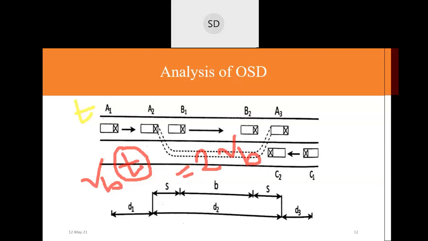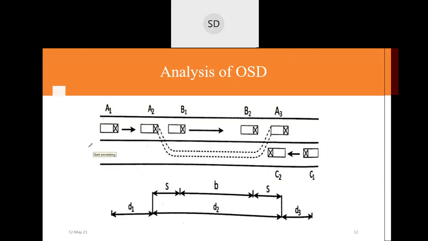After that, vehicle A will follow vehicle B, maintaining a clear spacing. That clear spacing is denoted as S, and the value of S is equal to 0.7 into VB plus 6.